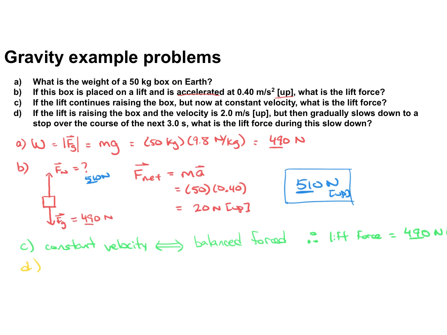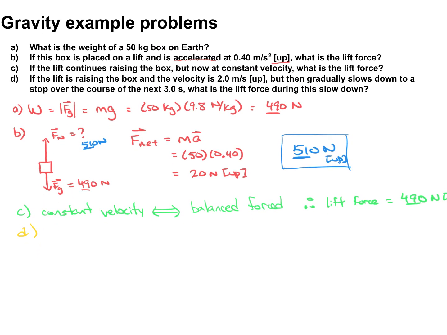Okay, now part D. If the lift is raising the box and the velocity is 2 meters per second up, but then gradually slows down to a stop over the course of the next 3.0 seconds, what is the lift force during this slowdown? So this adds a level of complexity to the problem here.